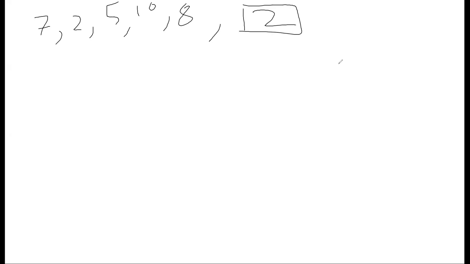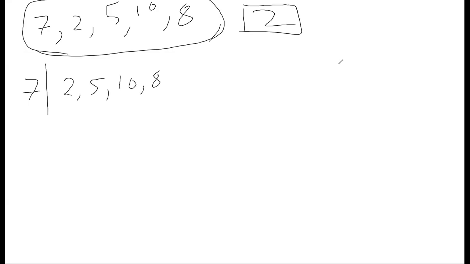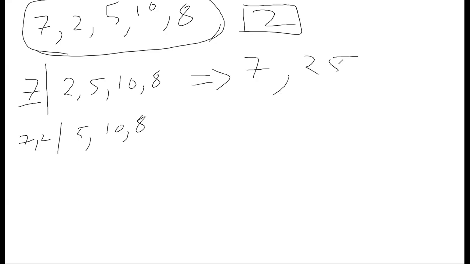So if I split this array into two, I can take 7, 2 as one section, and then you have 5, 10, and 8. So one part of the subarray will sum up to 9, the other part will sum up to 17 plus 8, which is 25. In this case, the maximum is 25.